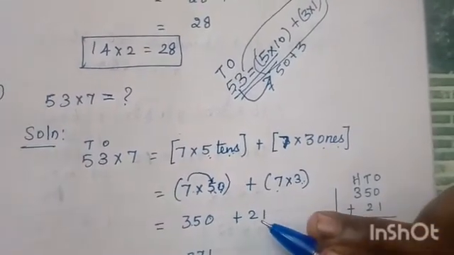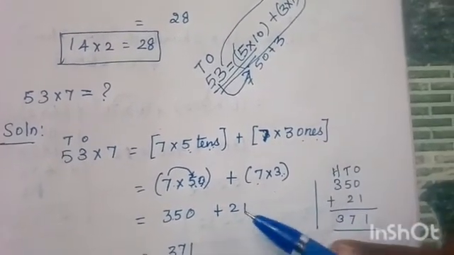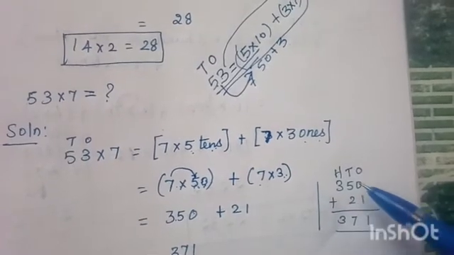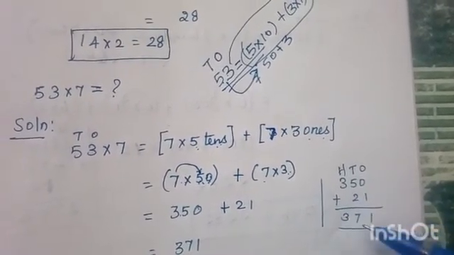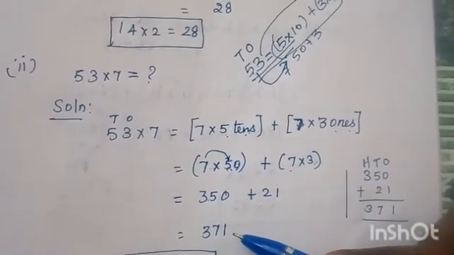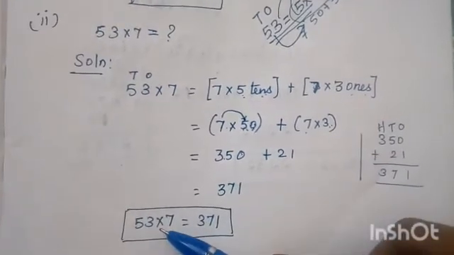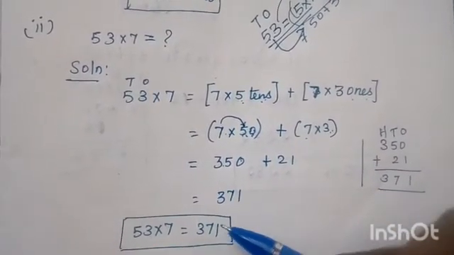Then the second number is 21, so 1 in the ones place, 2 in the tens place. Now we add: 0 plus 1 is 1, 5 plus 2 is 7, then 3. So the answer is 371. So 53 into 7 is equal to 371.